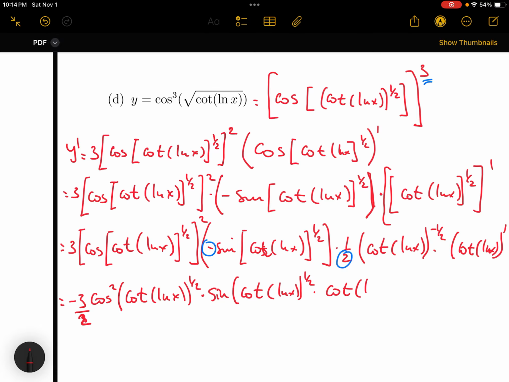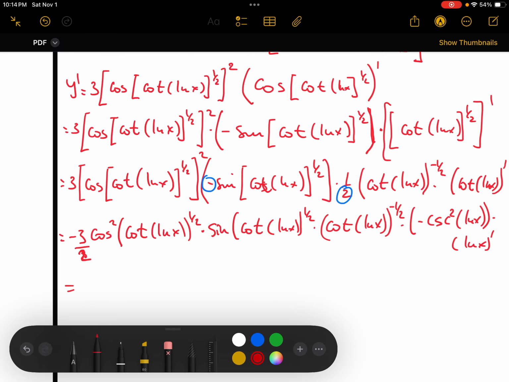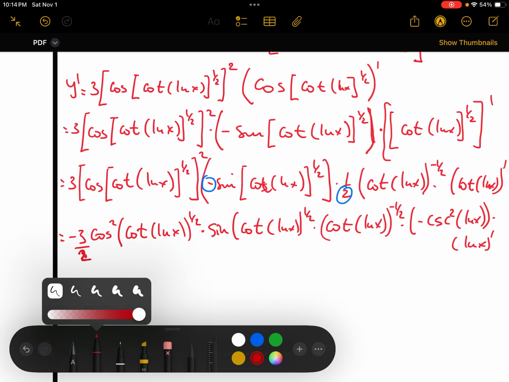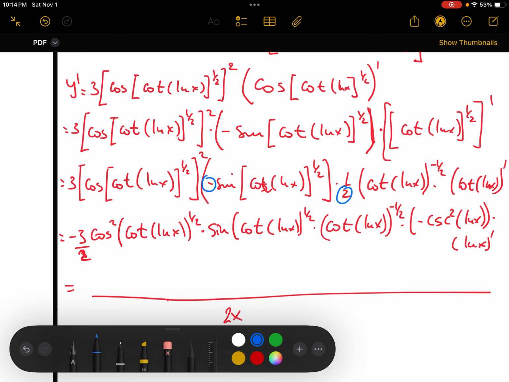Times cotangent of ln of x raised to power negative 1/2 times derivative of cotangent, which is negative cosecant squared of ln of x, times the derivative of ln of x. And finally, I'm going to write down the answer. Derivative of ln of x is simply 1/x. So I have 2x in the denominator.